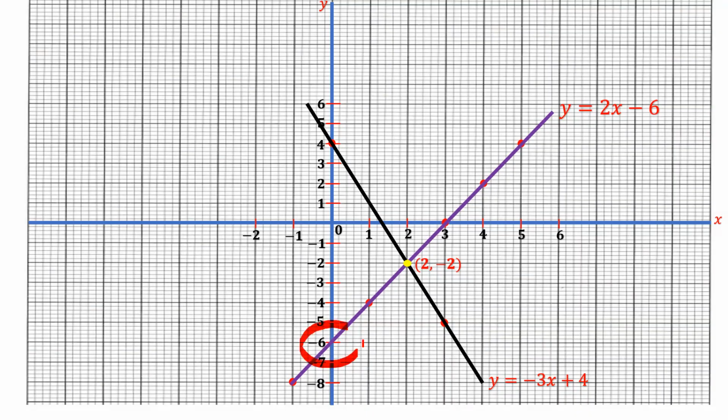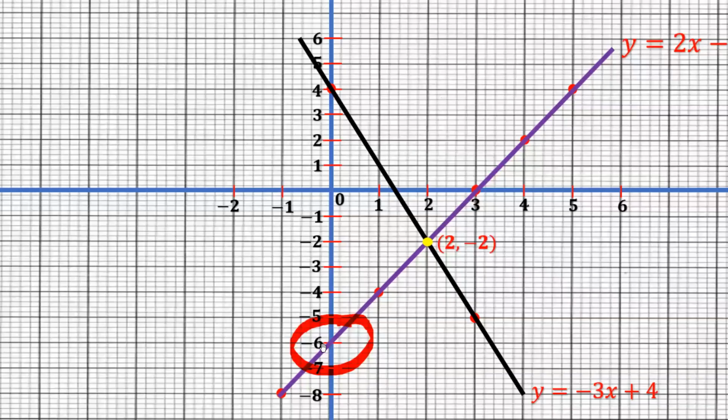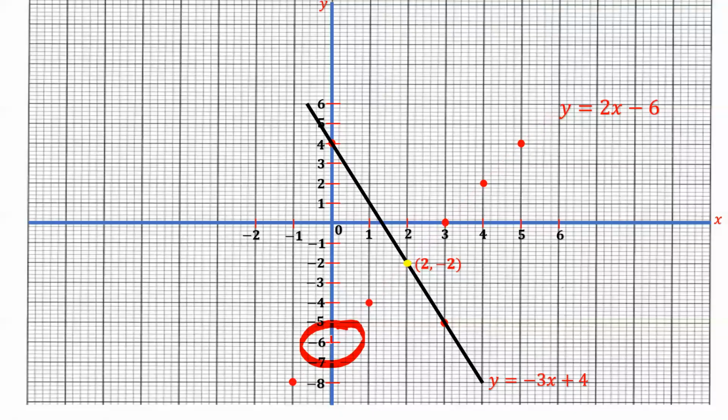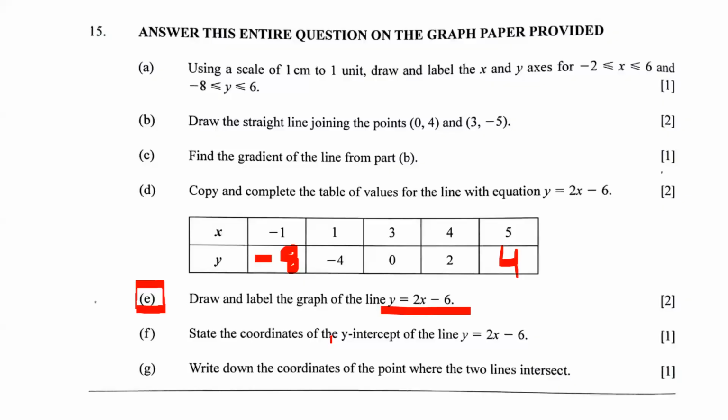So at this point right there, this is where the graph crosses the y-axis, and that's the point 0, negative 6. So the answer for this one is going to be 0, comma, negative 6.